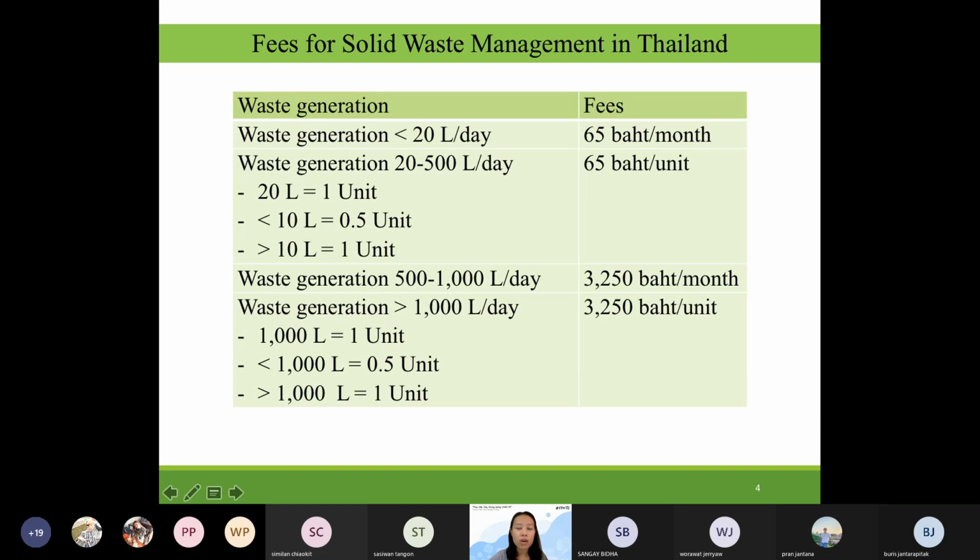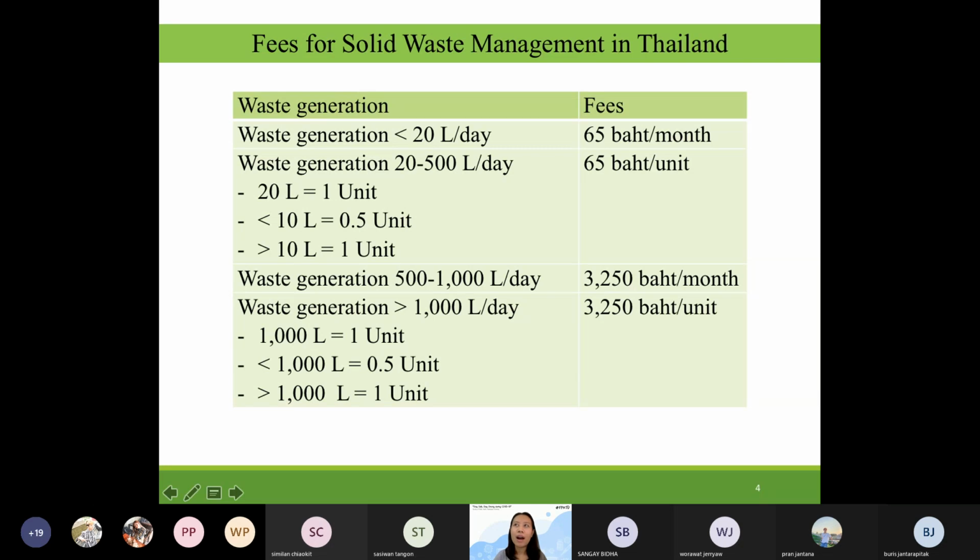You can see the rate of the fee for waste management in Thailand. If waste generation is lower than 20 liters per day, you have to pay, at the maximum level, a fee of 65 baht per month, which is quite cheap, right?